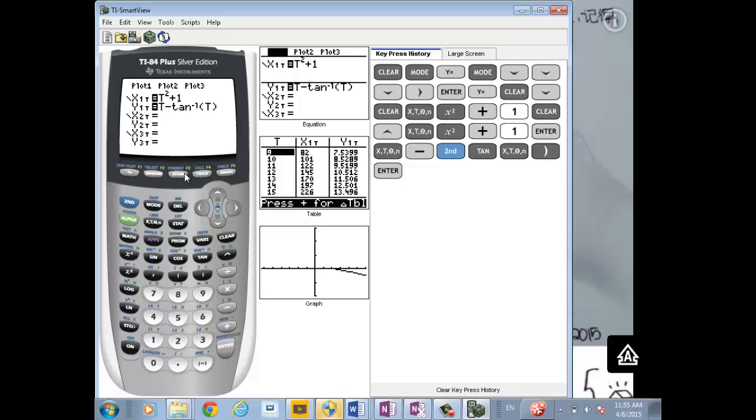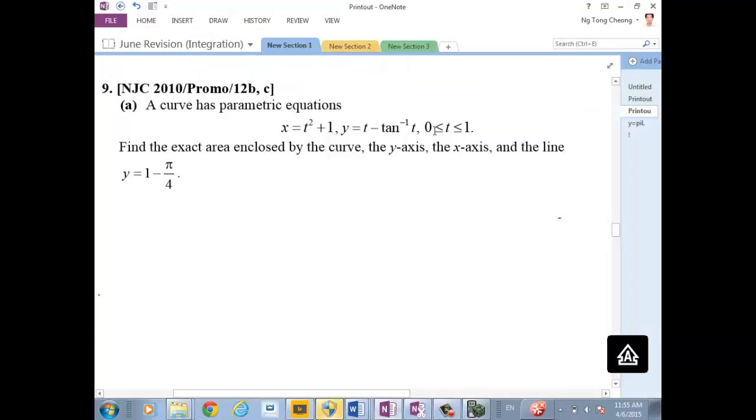Before I press graph, always look at the value of t. If you look at this, your t runs from 0 to 1. So always go to your window setting and change it first.